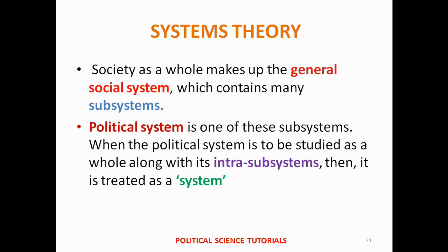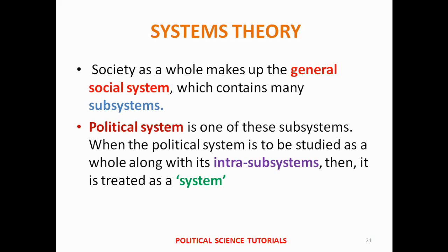Society is a broad term and as a whole is a general social system, containing many subsystems. Political system is one of those subsystems. When the political system is to be studied as a whole along with its intra-subsystems, then it is treated as a system.